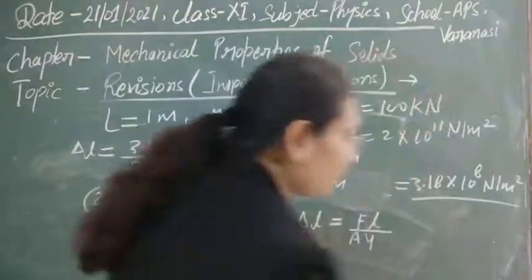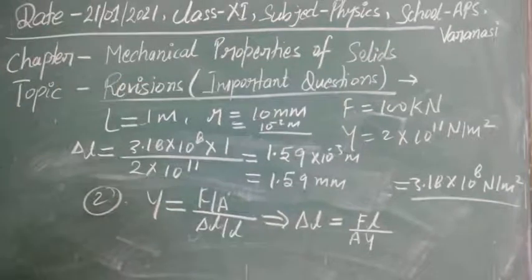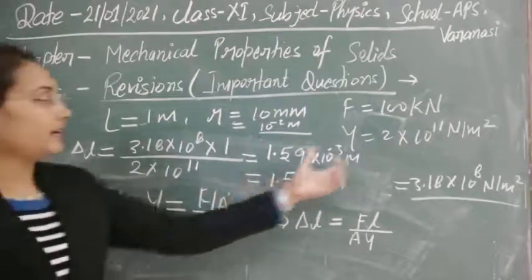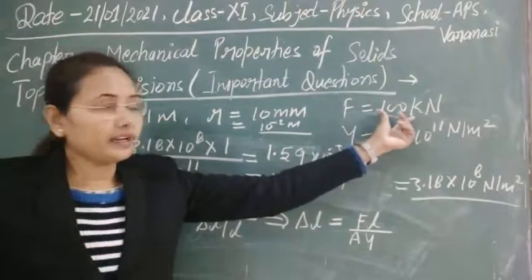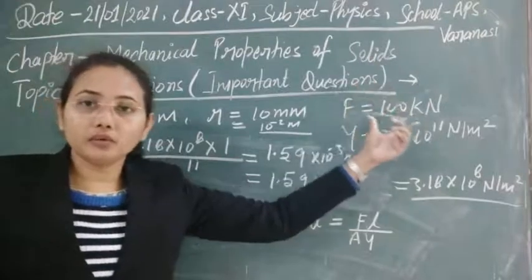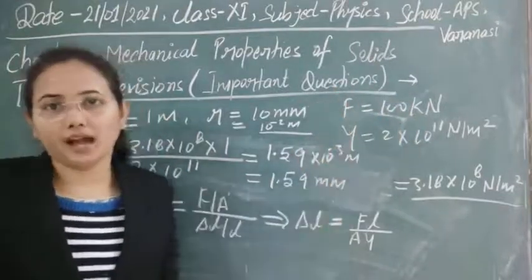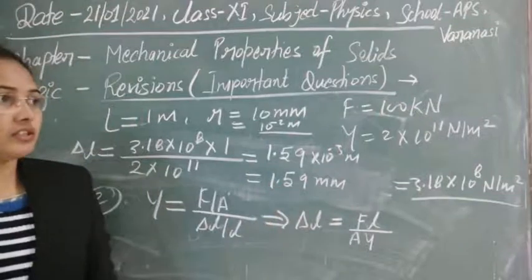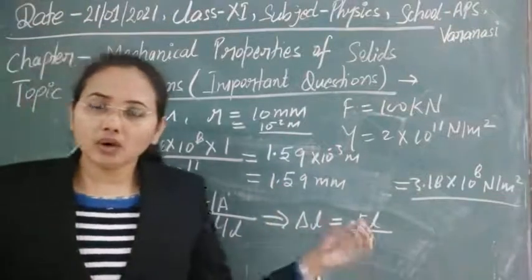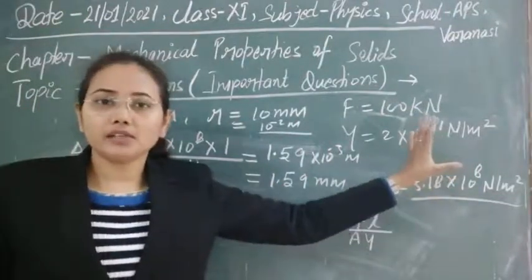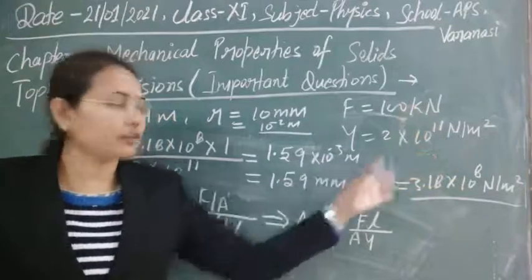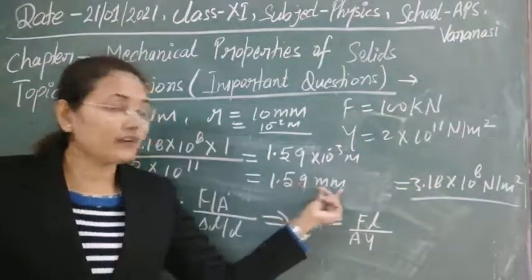From this calculation, one thing is also clear, friends. Here we are applying 10 to the power 5 Newton force, which is a great force, on a structural steel rod, but still the elongation after the application of such a huge force is only 1.5 mm.